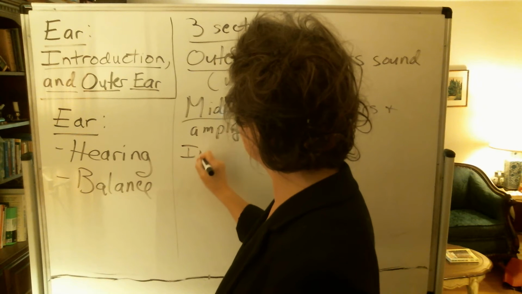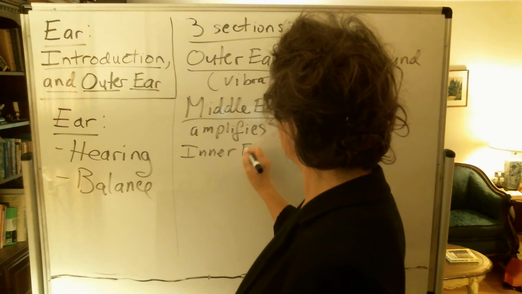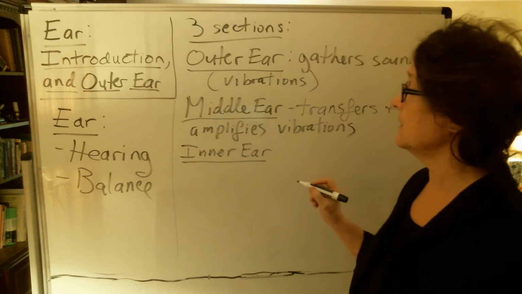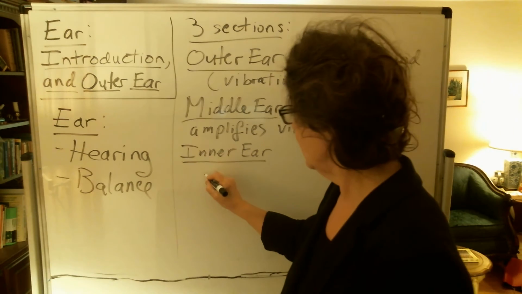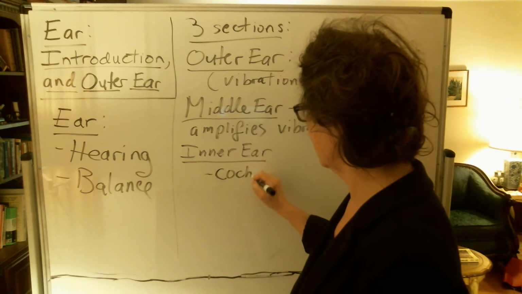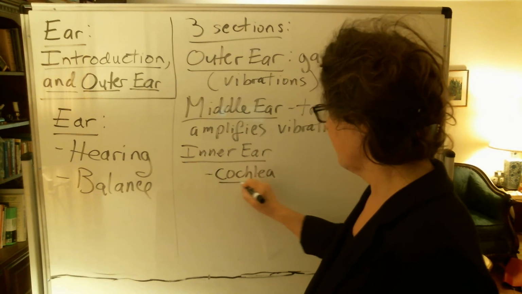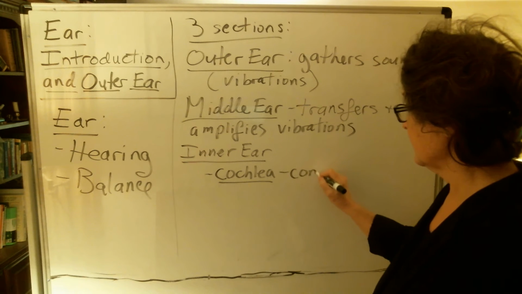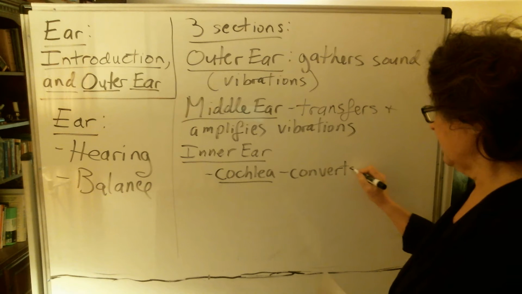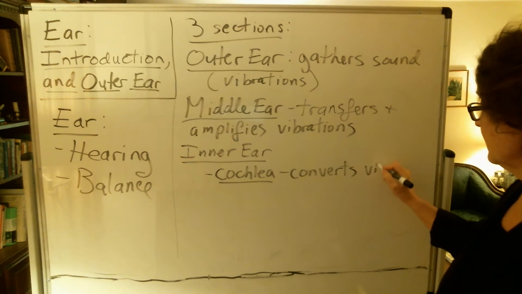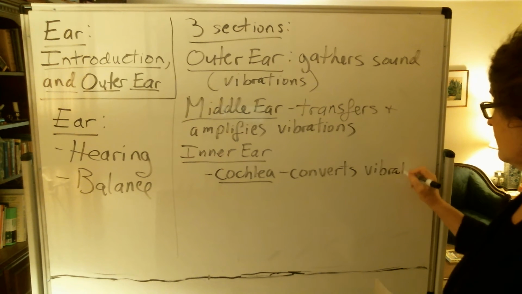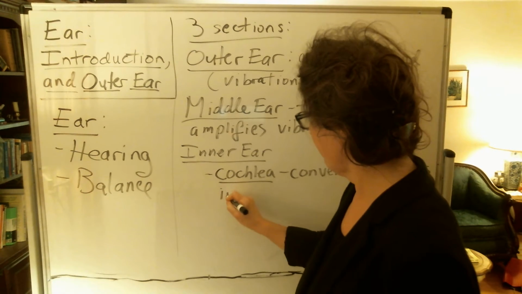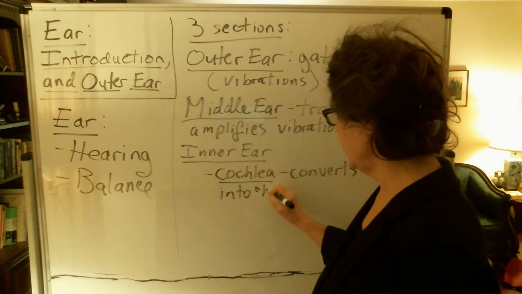Then there is the inner ear, deep inside your skull. This is a very complex place where we have one portion of the inner ear, which is the cochlea. And this converts these sound vibrations into hearing.